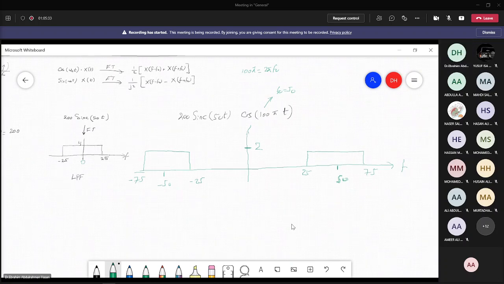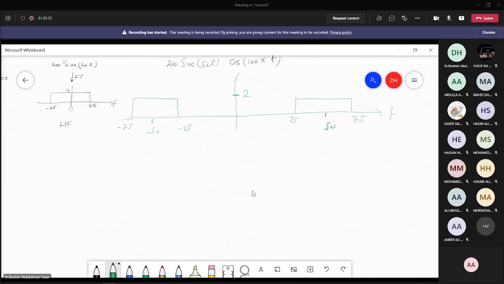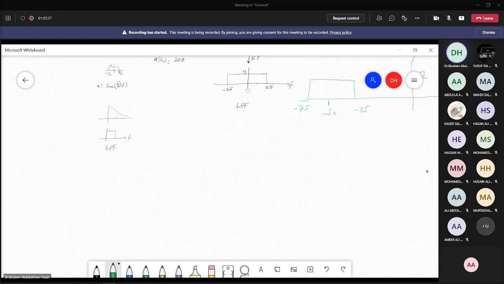Okay, what is this one? It is similar to, if you remember, we drew something like this at the center frequency, the band pass filter. So the digital band pass filter is this.